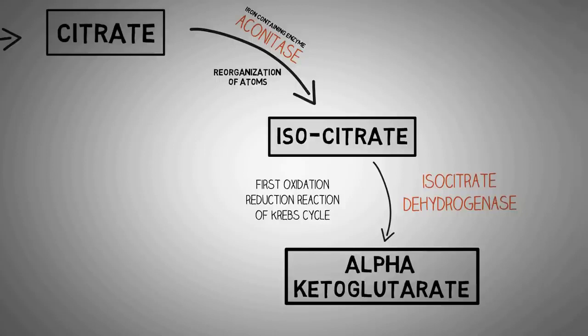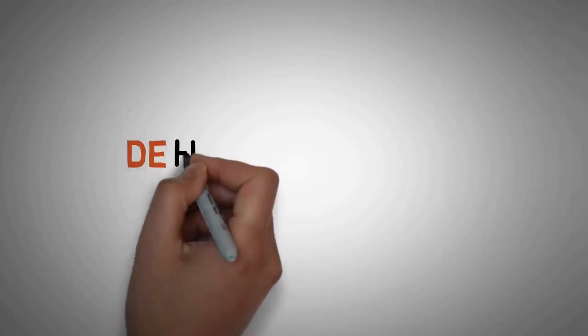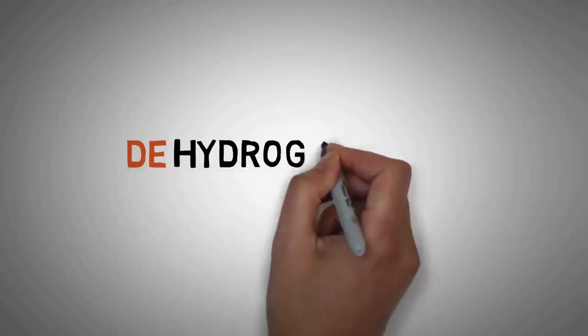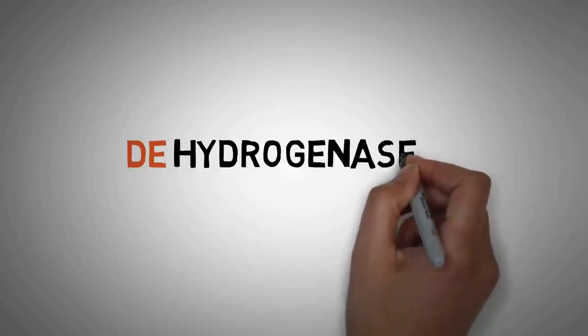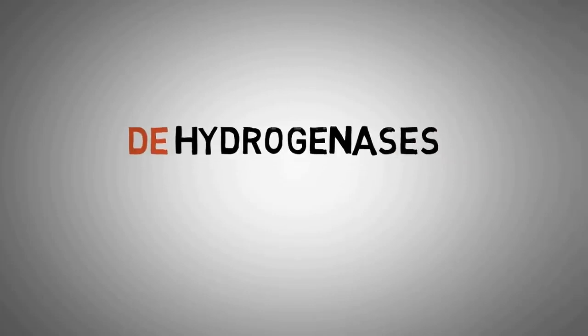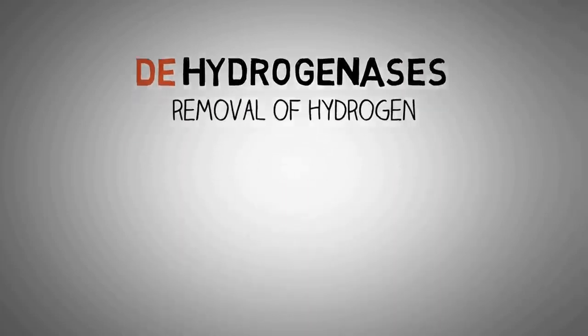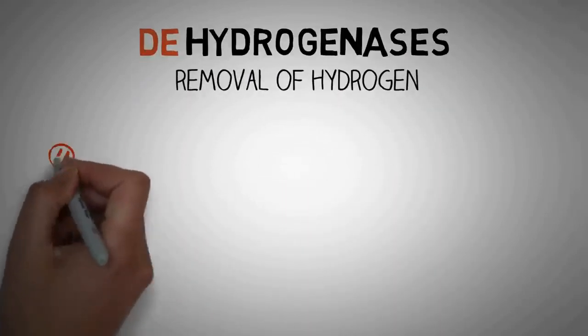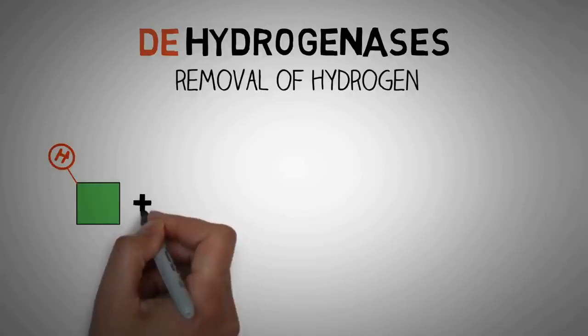Now, what do these dehydrogenases do and how do they produce energy? That is very important for you to understand. See, if you look at the term itself, dehydrogenase, this literally means removal of hydrogen. So dehydrogenases are basically enzymes that remove hydrogen from a molecule. Now, as you remember, removal of hydrogen is also known as oxidation.